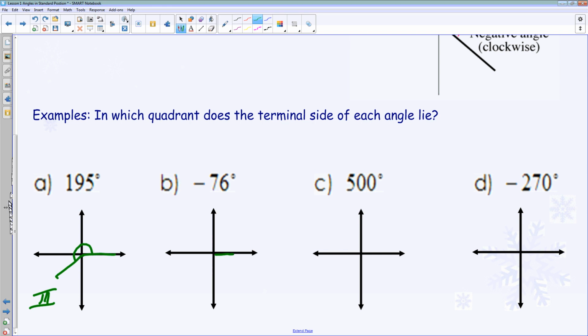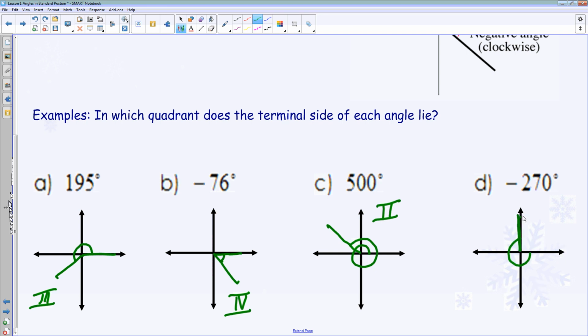Then negative 76, so we're rotating clockwise, and it's not quite 90, so we're going to end up in the 4th quadrant. Now 500 degrees, remember a full circle is 360, and then we got 450, and then 50 more degrees, so somewhere in there in the 2nd quadrant. And then negative 270. So 90, 180, 270.